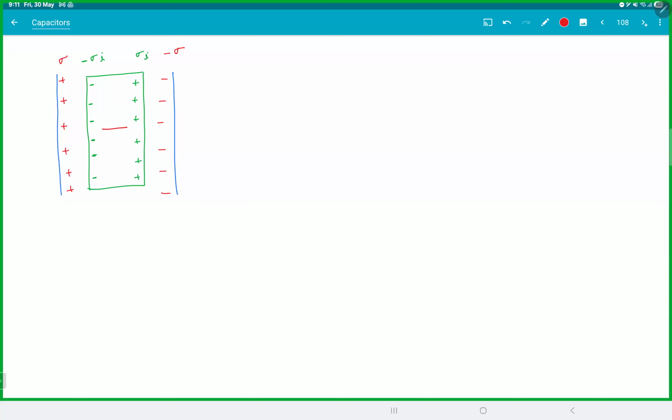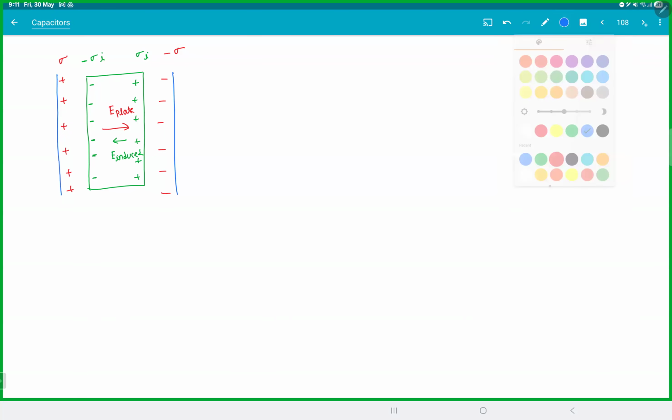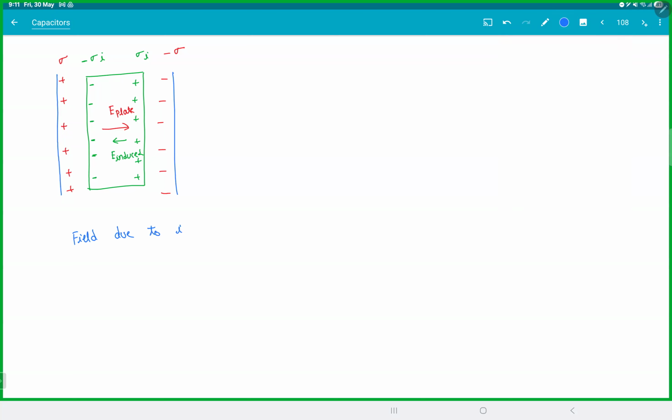Now, inside there are two fields fighting. One is the field due to the plate, and another field is the field due to the induced charges. In case of a conductor, both are equal. So the induced charges will try to oppose, but they're not strong enough.